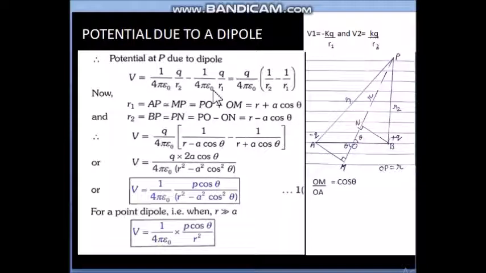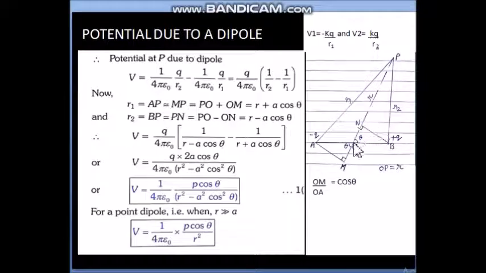Now we have to simplify this expression. So q by 4 pi epsilon 0 is common, and 1 by r2 minus 1 by r1 is left. Now we are given one distance, that is the OP distance, that is r, and with the help of this r we will be finding r1 and r2.